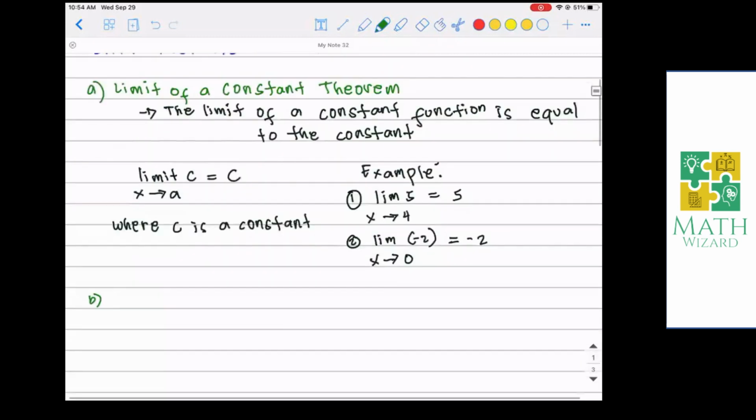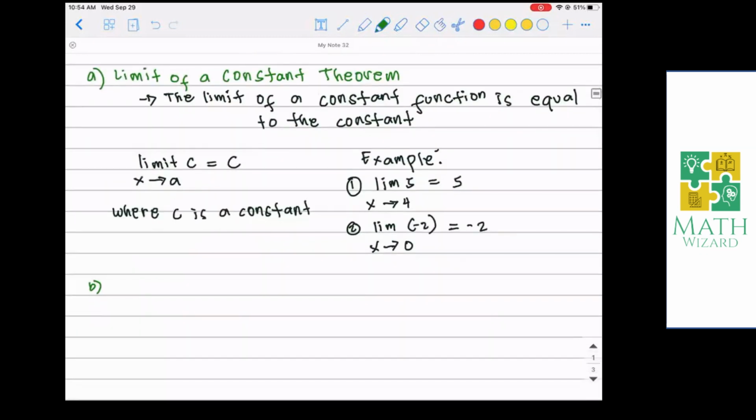Ang ating second theorem ay the limit of a function x. So given theorem 2, it says the limit of a function itself. So ibig sabihin, for any number A, the limit of x as x approaches to A is equal to A. Okay?